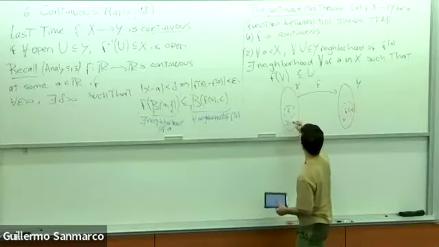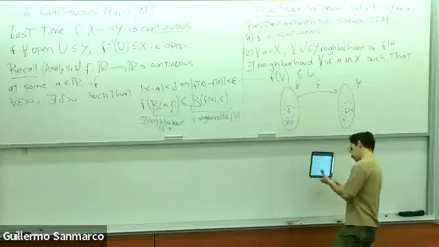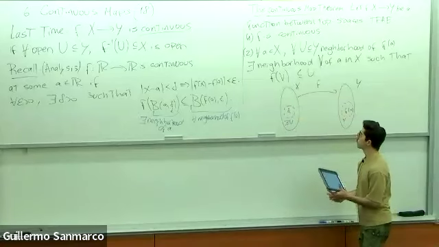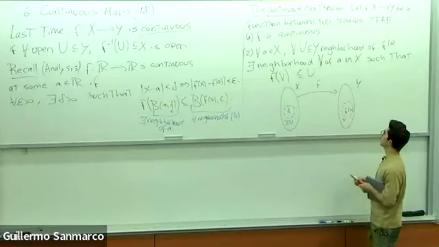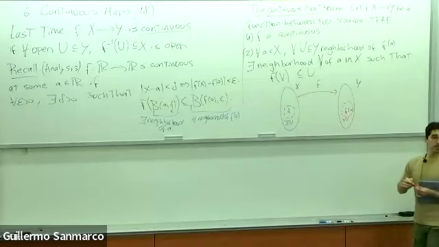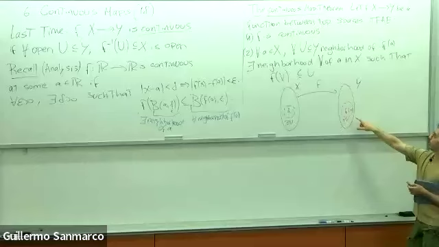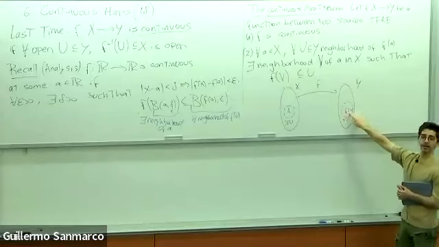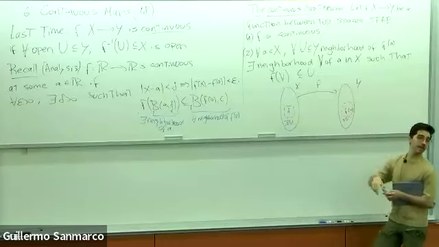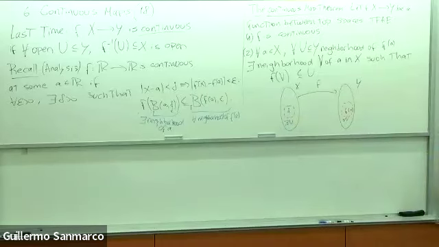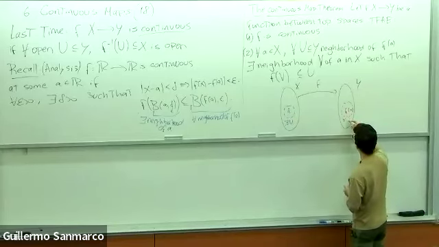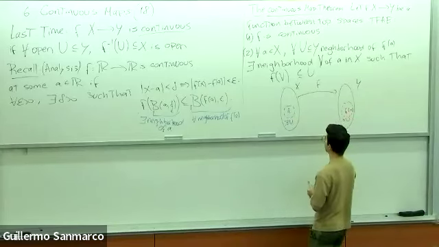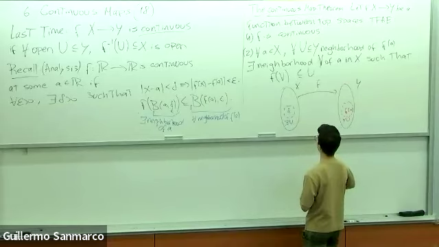And here it exists. So this is what I'm calling U, and this is what I'm calling V. So this is telling you exactly what you do in analysis. You can get arbitrarily close to f of a if you restrict to some neighborhood of a. Oh yeah, sorry. Once again, this is what I'm calling U, and this is what I'm calling V. Thank you.